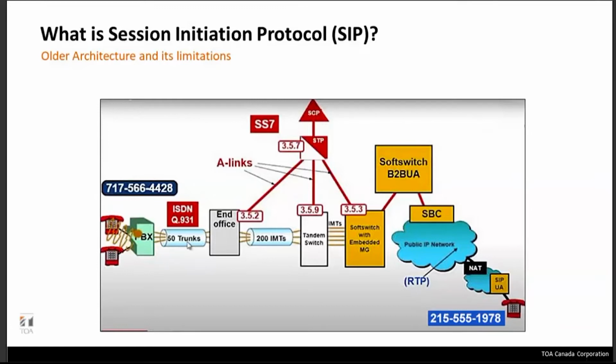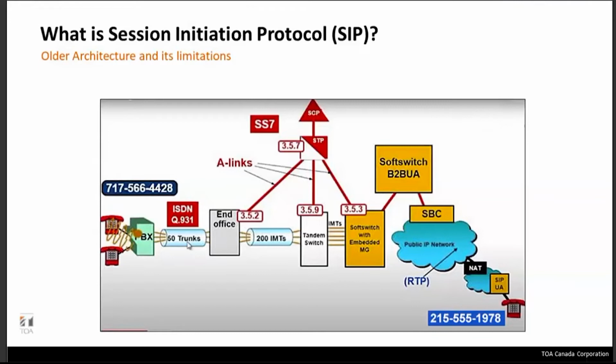The reason to show you this picture is to give you the involvement of all the technologies, what the limitations in those architectures are, and why we choose SIP. In this architecture, a 50 volt ring gives the ringer to a phone, and then you go to a tandem switch, which is your CO, and the PSTN.